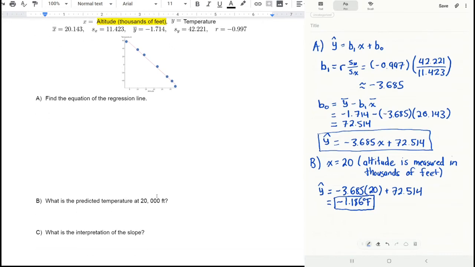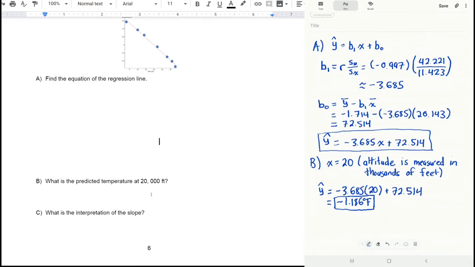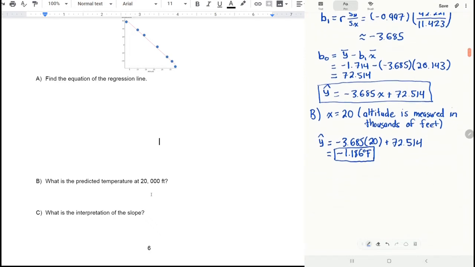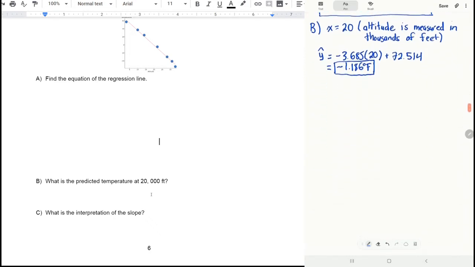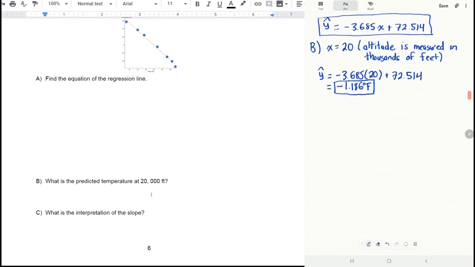All right, so now what is the interpretation of the slope? Okay, so we're given that the slope is negative 3.685.